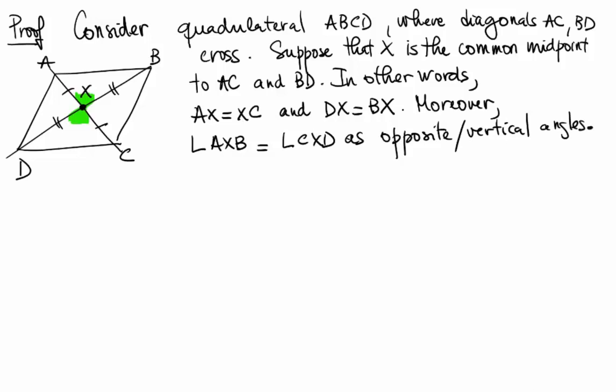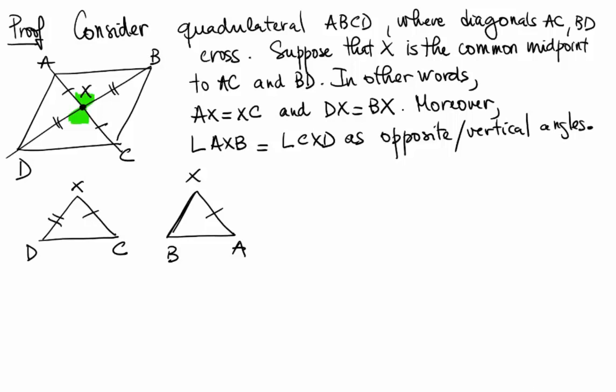Okay, so if I were to rearrange the triangles in a way that is easier for me to read, maybe I have X here, and then I have D here and C, and then I'll have X here and B and A. So this side is equal to that side, right? And this here is equal to XB.